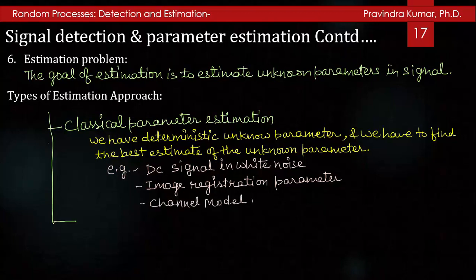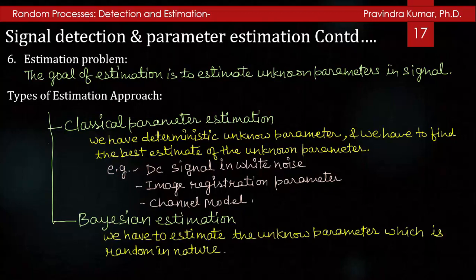And another is Bayesian estimation. In Bayesian estimation, the unknown parameter is random in nature and we have to estimate the unknown parameters. In both these categories, a number of optimum and suboptimum estimation approaches exist, which are necessary due to the lack of complete knowledge about the mathematical model for estimating the unknown quantity.